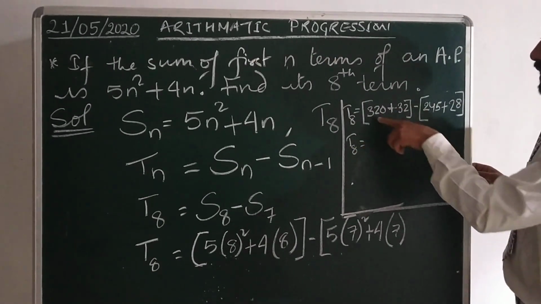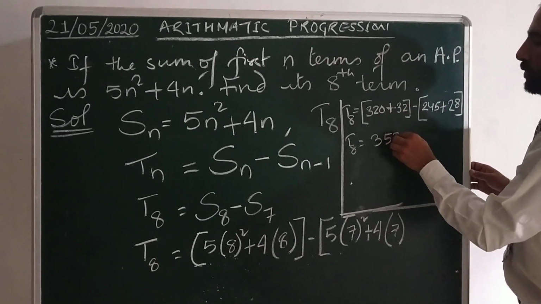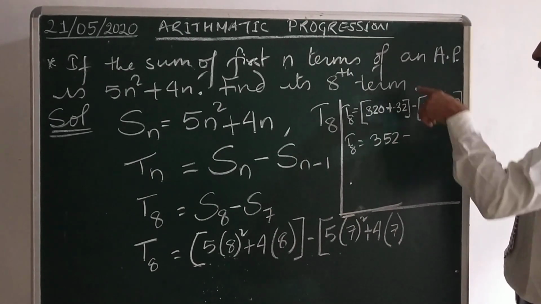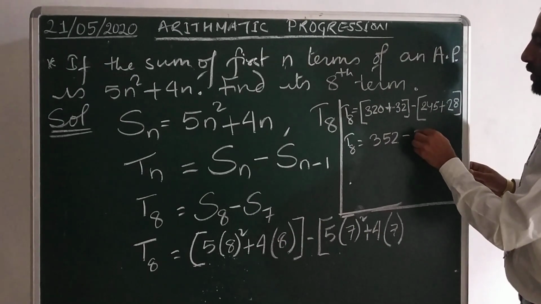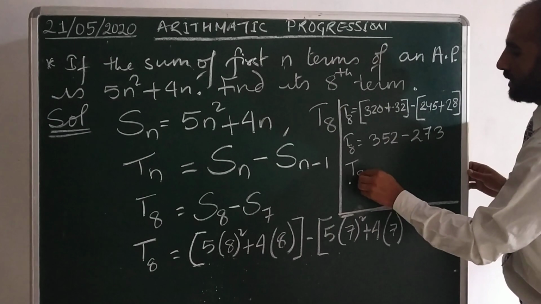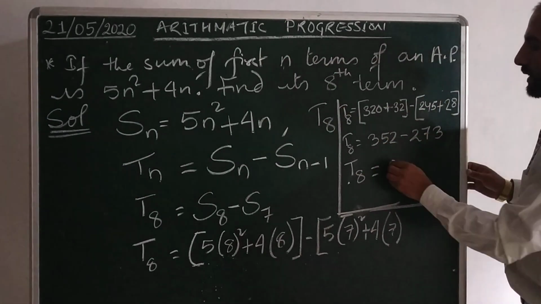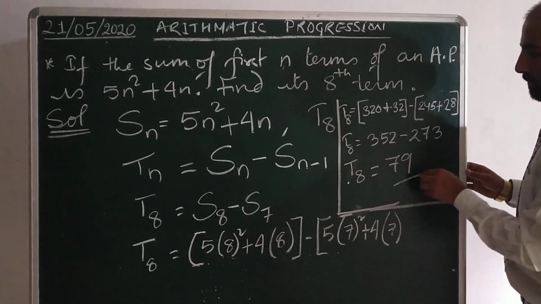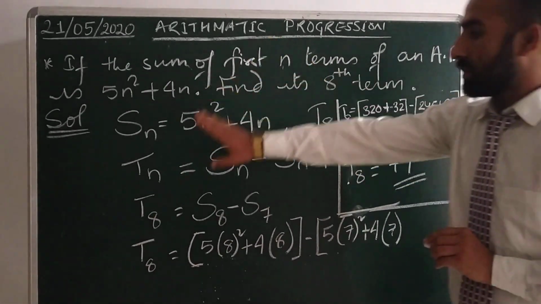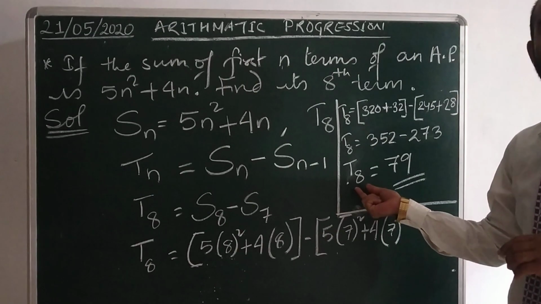T8 equals 320 plus 32, which gives you 352, minus 245 plus 28, which gives you 273. So T8 will be equal to 352 minus 273, which gives you 79. So this way, using a very simple formula, we can find out the required term.